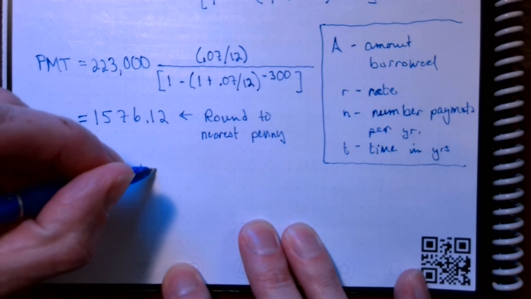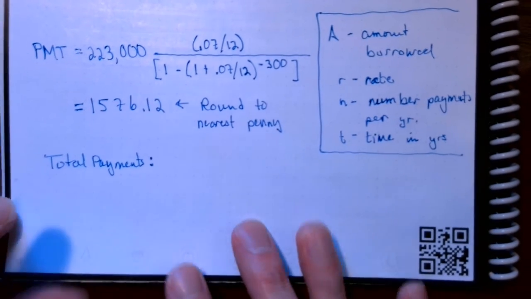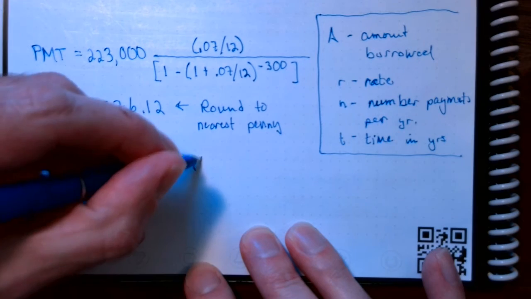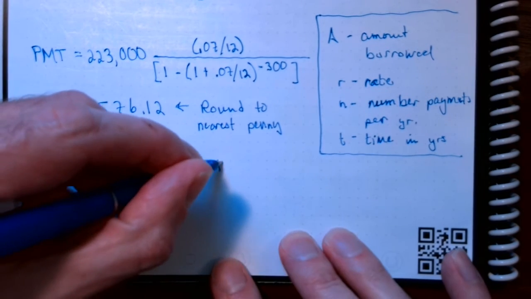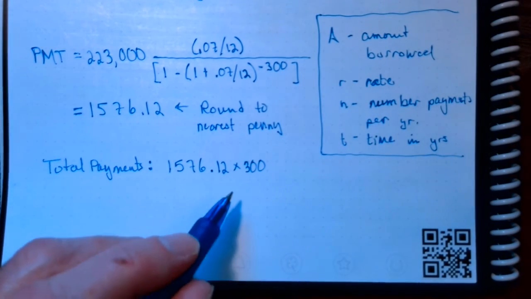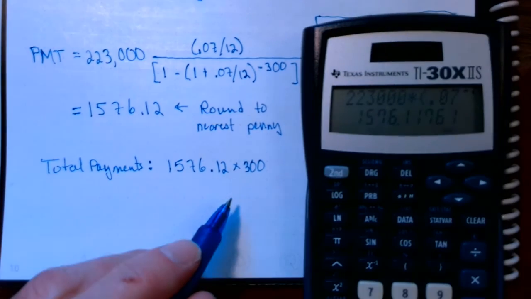Let's look at how much you need to actually pay over the course of this loan. So the total payments: you're sending in this amount, $1,576.12, every month for 25 years, so that's a total of 300 payments.